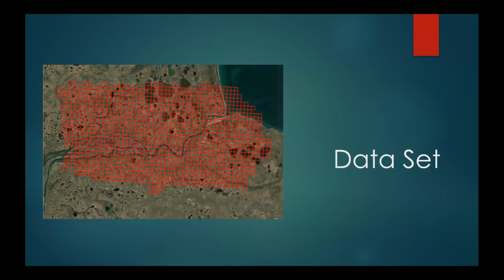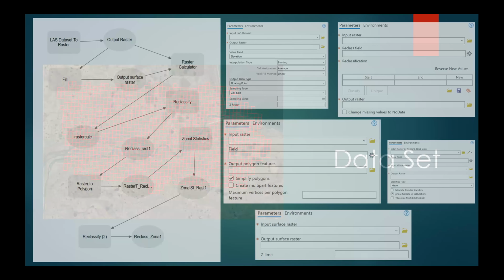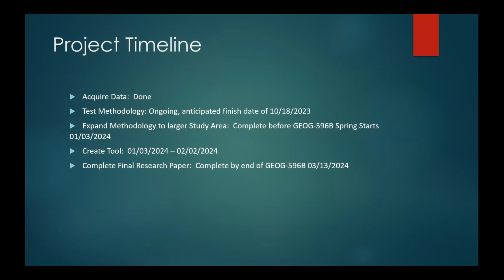So taking that methodology with the data set over the entire river, running it through the model, this is the timeline that I am looking at in order to finish up the project. I've already got the data. The testing of the methodology has been ongoing.